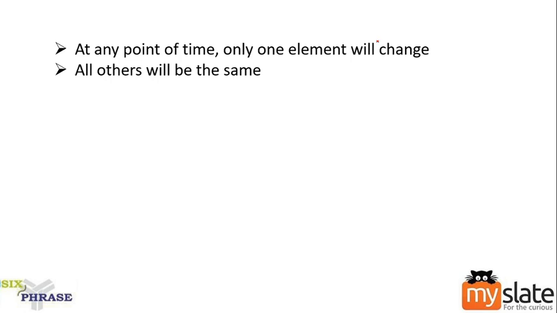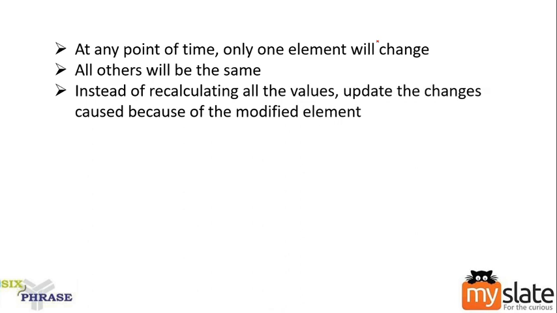All others are going to remain the same. Since all others will be the same, we are going to update changes only for the modified element. Okay. Instead of recalculating all the values, update the changes caused because of the modified element only. Okay. Focus only on the modified element, not on all the elements.